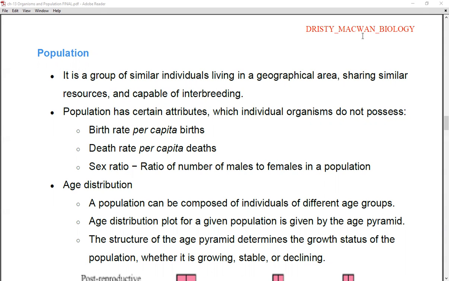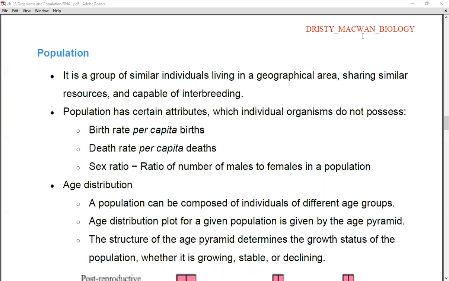The age distribution plot for a given population is given by the age pyramid. To understand how the individuals of different age groups are separated or placed into different groups, we can use the age pyramid, right?